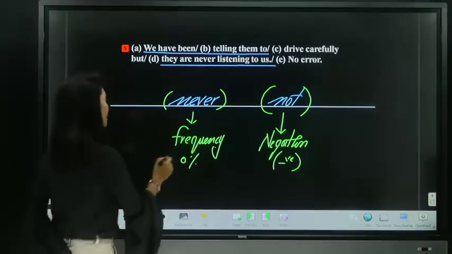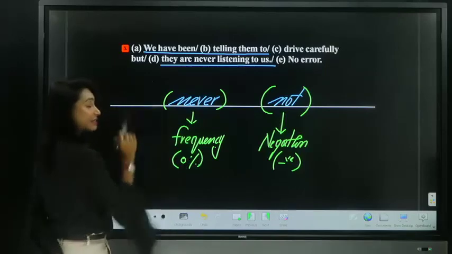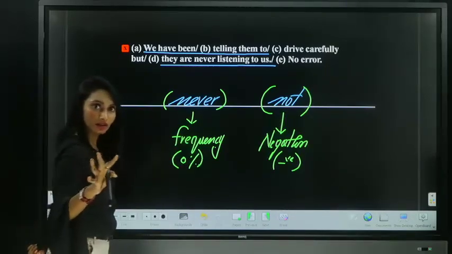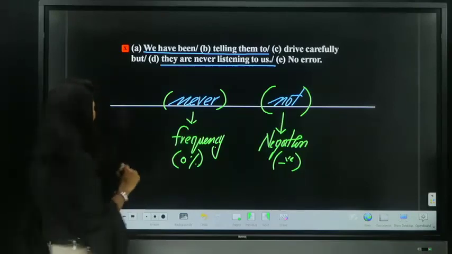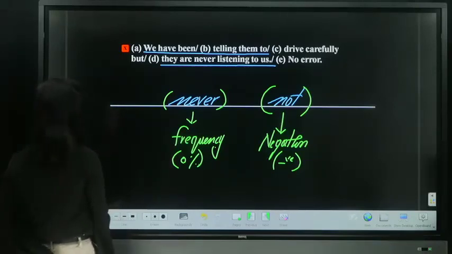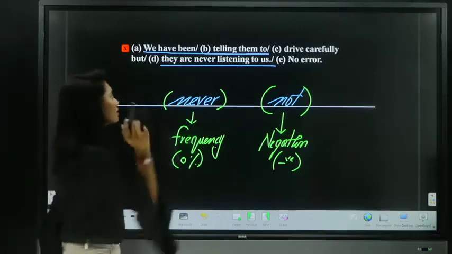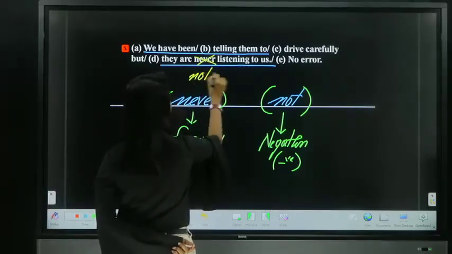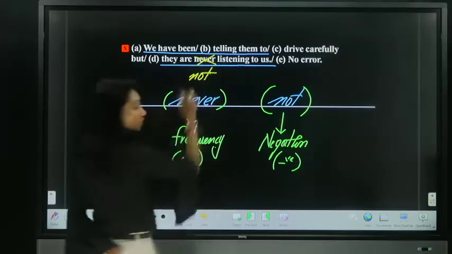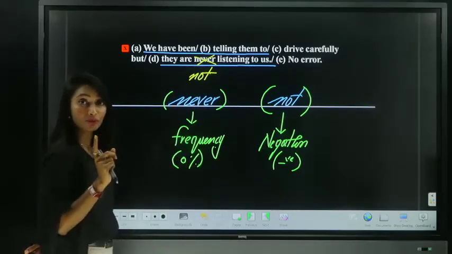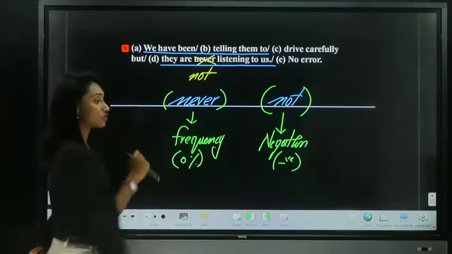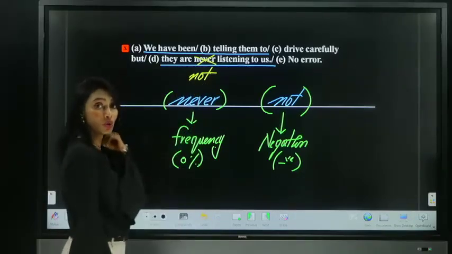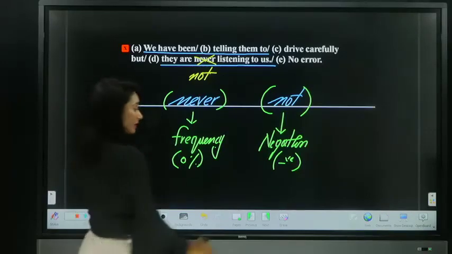Now, keeping that in mind, you must answer this question. "They are never listening to us" means not at all listening. No, that is not what it means. We require negation, not an adverb of frequency. We require a negative word. So the answer should be "they are not listening to us." I hope it is clear. Now let's look at the next sentence.